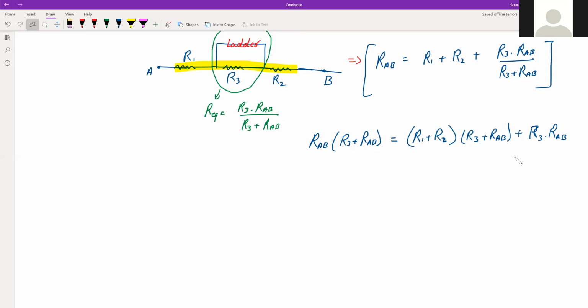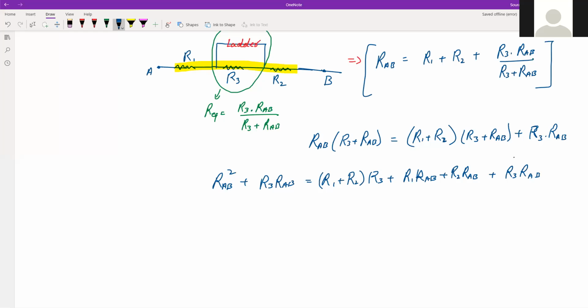So you will have RAB square plus R3 into RAB equals R1 plus R2 into R3 plus R1 RAB plus R2 RAB plus R3 RAB. Now, you see R3 RAB is on both sides, so remove that.